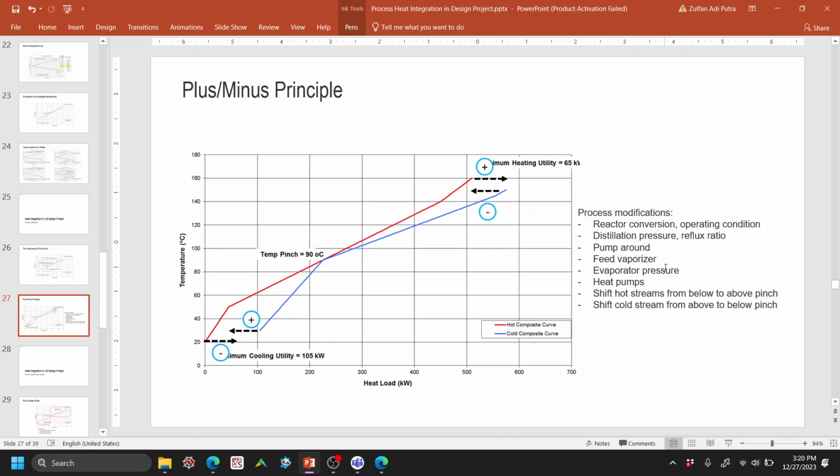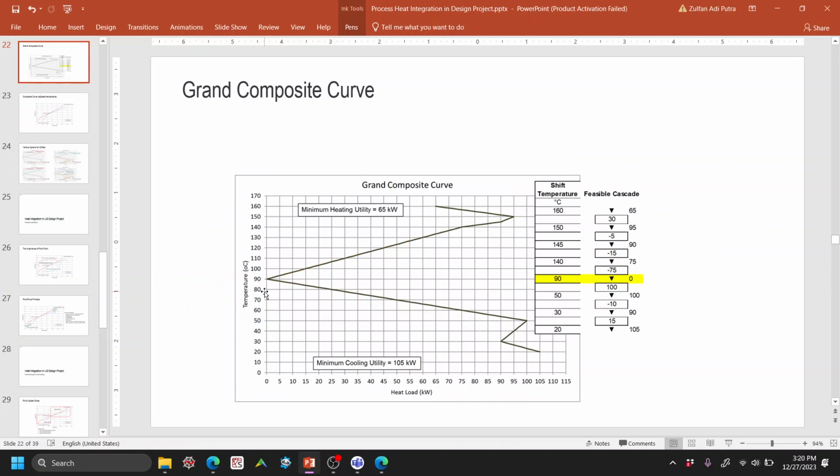Evaporator pressure, you can also control it and reduce it. Heat pumps, it's also the same thing. I don't know if you know heat pumps. Heat pumps is more like, if we see this graph, you have this heat somewhere here, which you can extract, and then you can pump it up. So you can compress it in such a way that it can condense above the pinch.